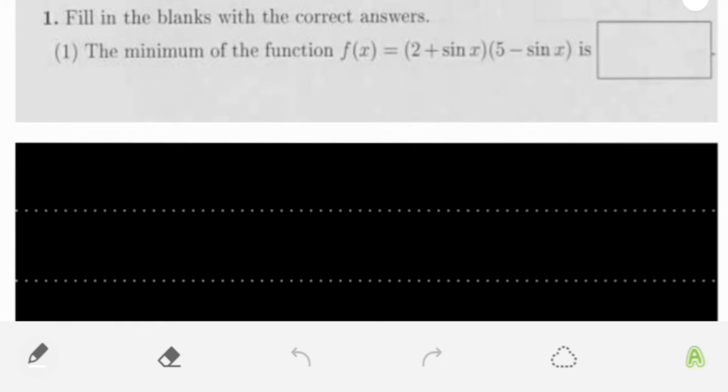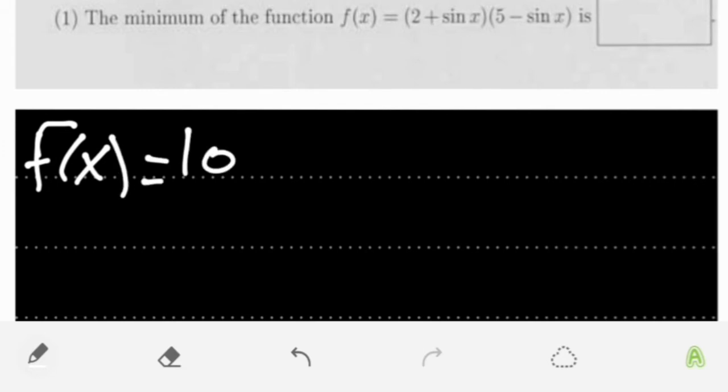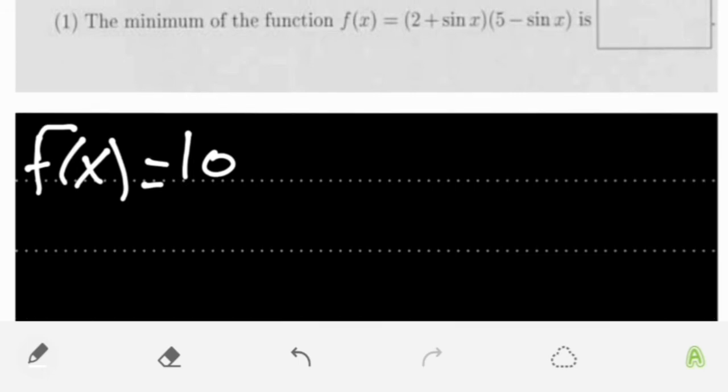So the first thing I'm going to do is multiply these parentheses. So 2 multiplied by... so f of x is equal to what? 2 multiplied by 5 is 10. 2 multiplied by minus sine of x is minus 2 sine of x, and then we will have that sine of x multiplied by 5 is 5 sine of x.